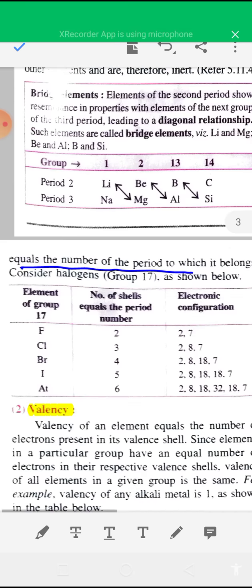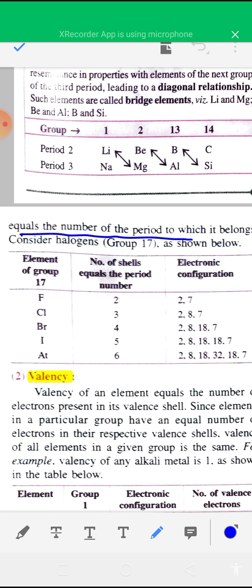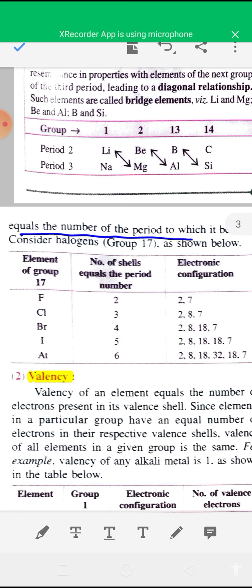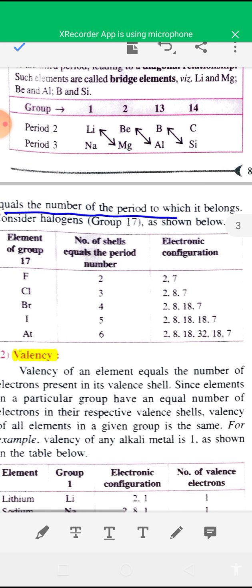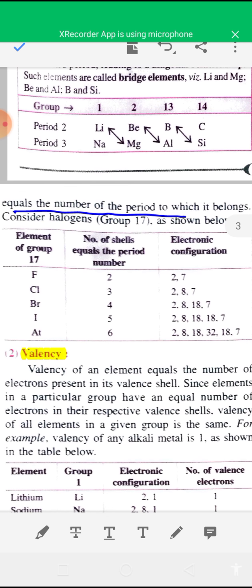The number of shells indicates the period number, and the number of electrons in the valence shell is equal to the group number.